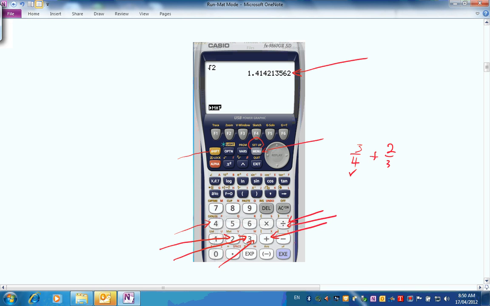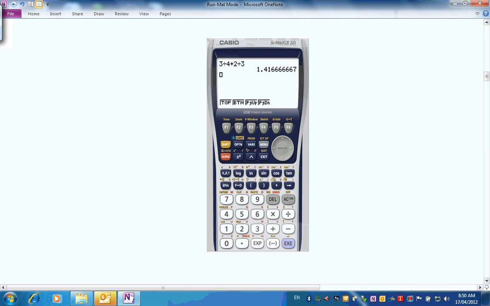And if you do that, you then hit execute. And what have we got? Well, that's interesting. Here's our answer, but as you can see, the decimals would have kept going. But the calculator has, even in math mode, given us just a 10-digit display.